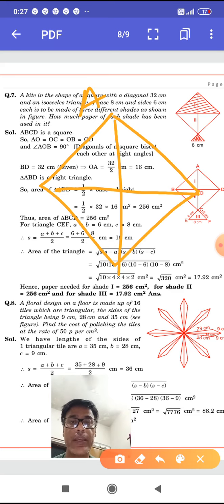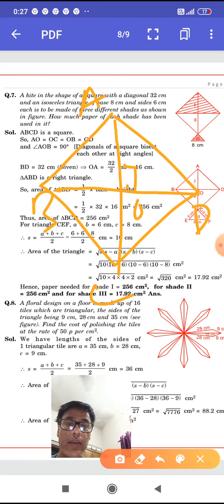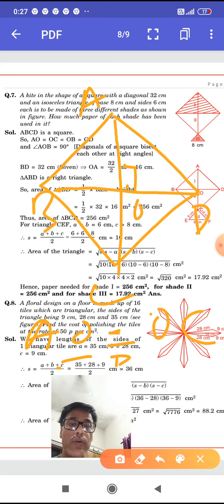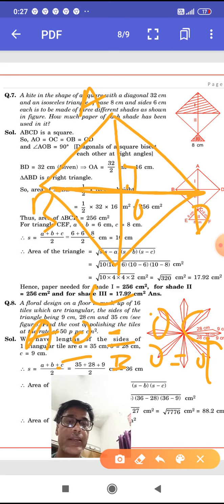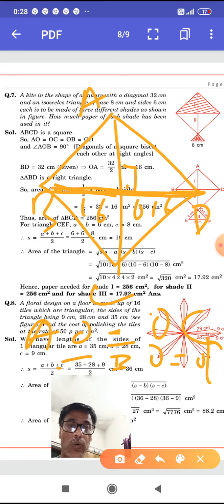So we will give the names A, B, C, D. Diagonals of a square bisect each other at 90 degrees, and this point is O. So that means AO equals OC and equals BO equals OD. So if BD is 32 centimeter, that means BO equals 16 centimeter, OD equals 16 centimeter, OA equals 16 centimeter, and OC is also equal to 16 centimeter.